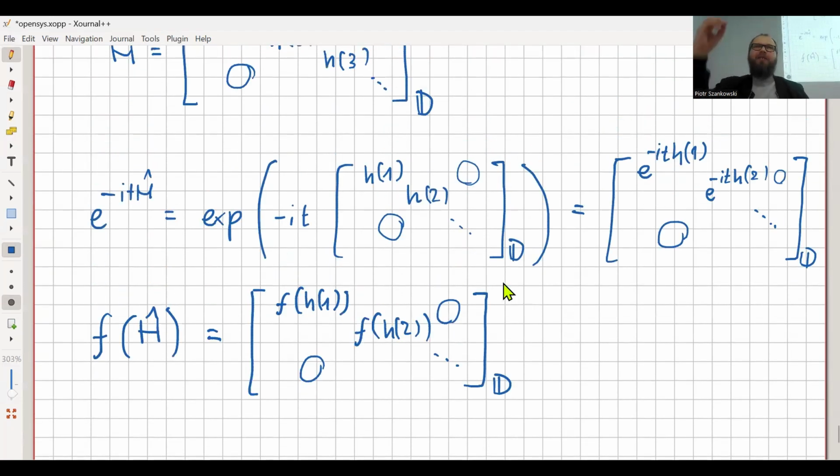So if your Hamiltonian is constant and you can diagonalize it, the problem of computing the evolution operator is kind of trivial. If you can diagonalize your Hamiltonian, you can easily compute the function of it. But there are two things to bear in mind here.